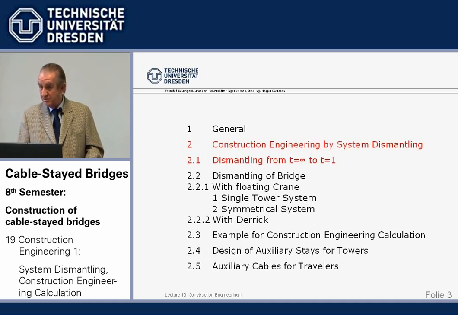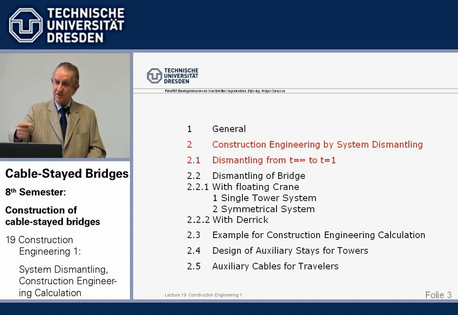Then we use what we normally use, a derrick, which makes things a little bit more complicated. And then I show an example for the construction engineering: forward on site, backwards calculation-wise, forwards in the construction manual, where the results of the construction engineering are listed, like recipes in a cookbook. Thou shalt do this and that and check this.